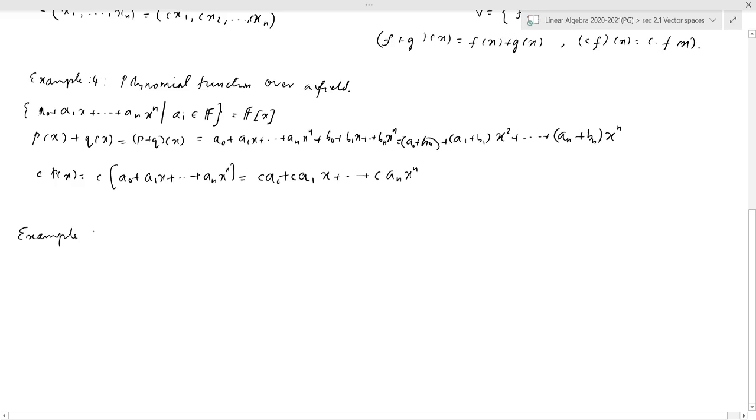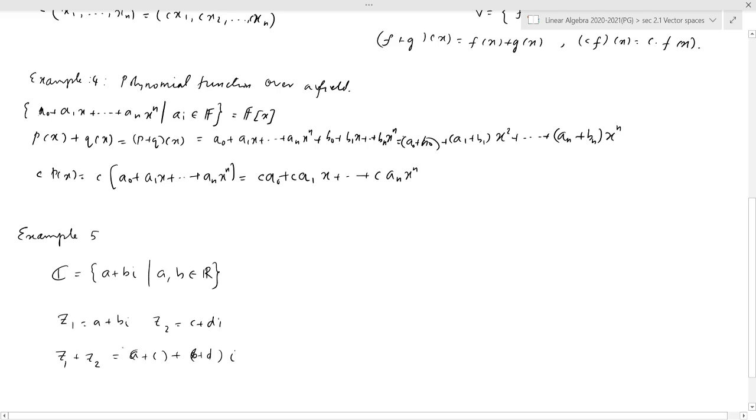Complex numbers as example 5, and it is denoted by C. C is the set of all a plus bi such that a, b belong to R. This is again a vector space. If we consider z1 as a plus ib and z2 as c plus di, then the sum z1 plus z2, that is the corresponding sum of the complex numbers, is (a plus c) plus (b plus d) times i.